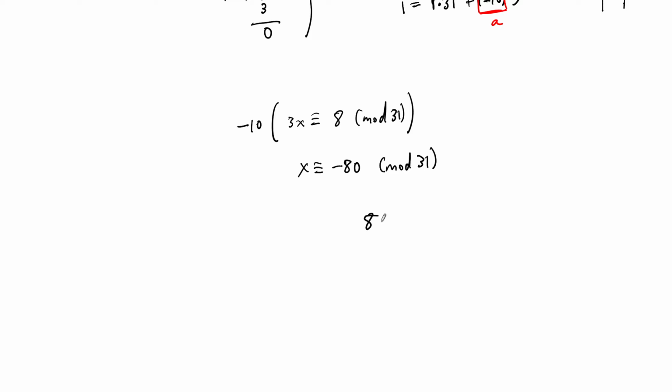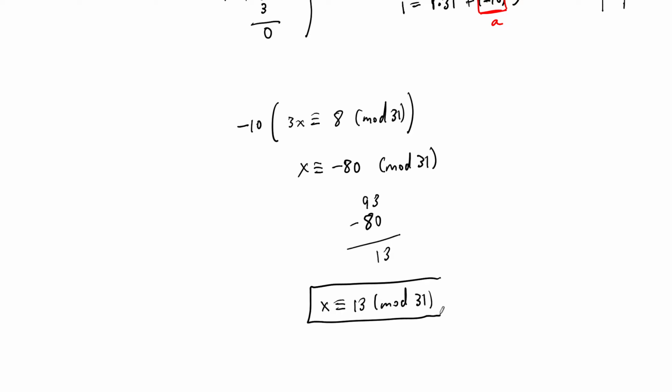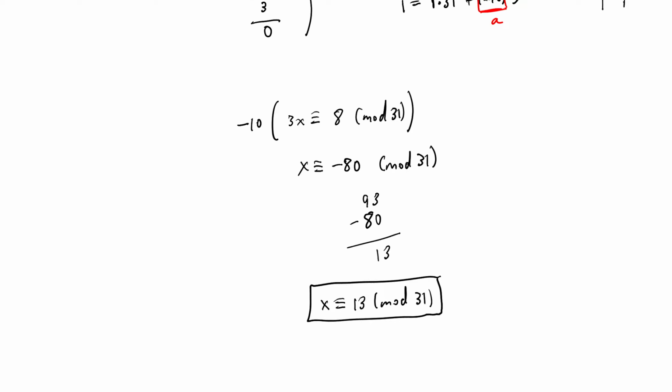So we take negative 80 plus 93, which I'll stack up the old-fashioned way, and subtract to get 13. So 13 is the answer that we want. So x is congruent to 13 mod 31. There's our answer. That solves the congruence.